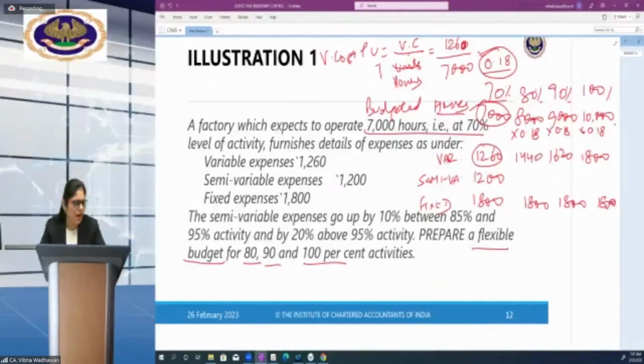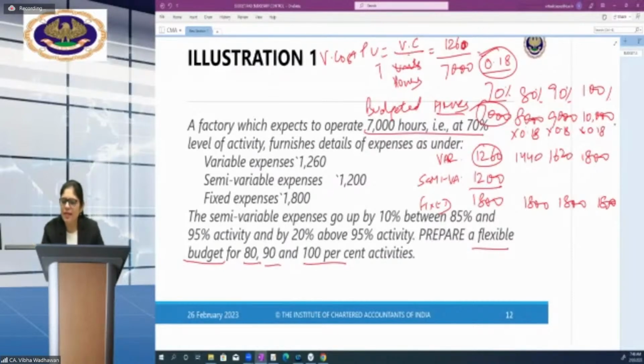All right. I hope you have understood this. Anybody who has not understood, please let me know. Semi-variable. Normally we split the semi-variable into fixed and variable, but in this question, there is no need to split. They are saying semi-variable expenses go up by 10% between 85% and 95% activity. Clear?